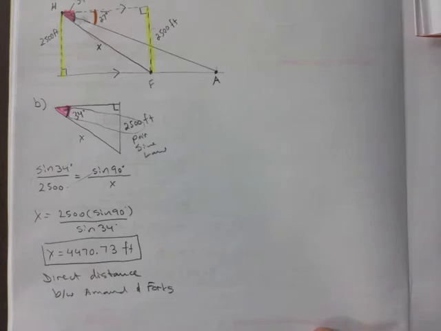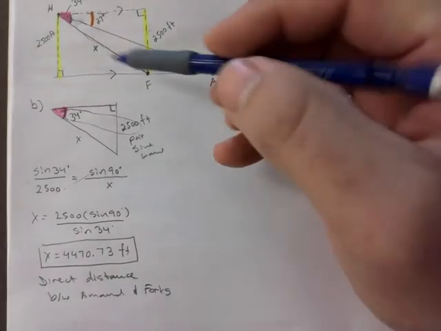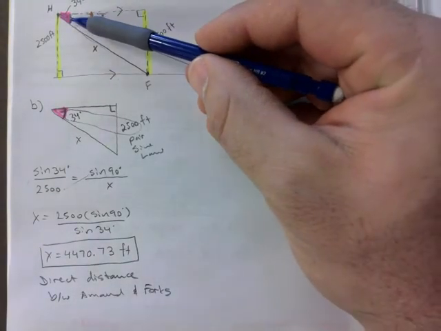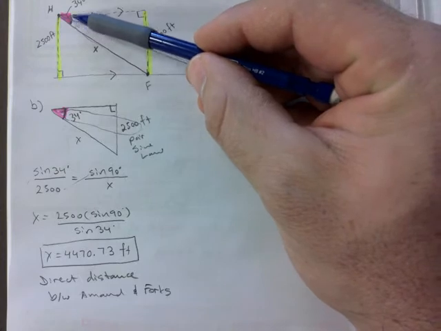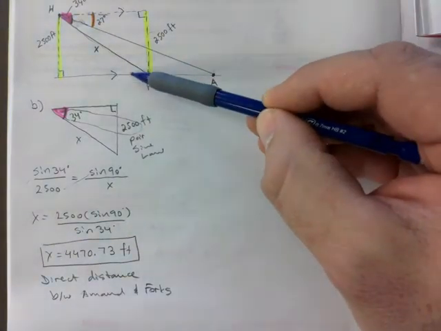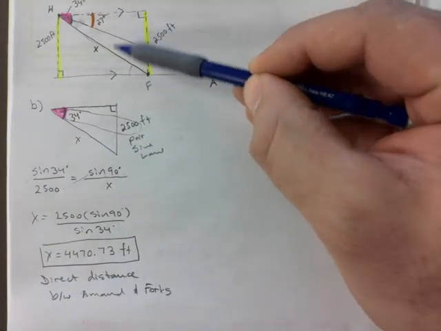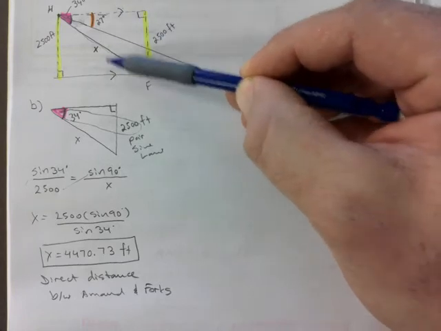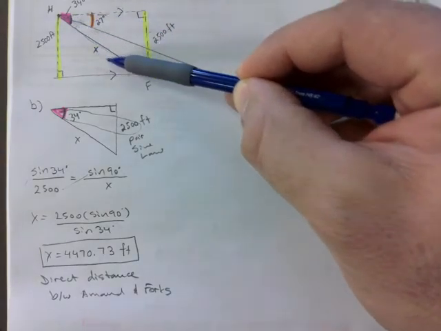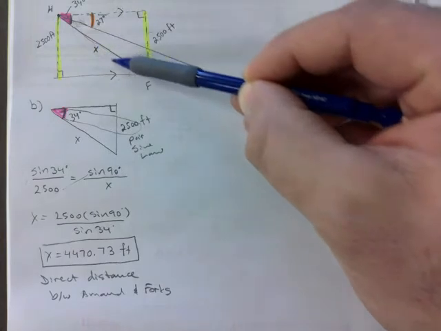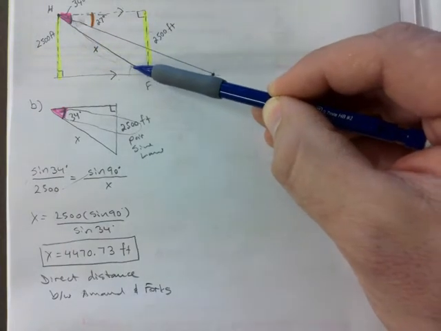I'm going to suggest something that's going to take you back to chapter 2. This angle here and this angle here, if you know that there are two parallel lines, are alternate interior angles, so you could have brought it down here.